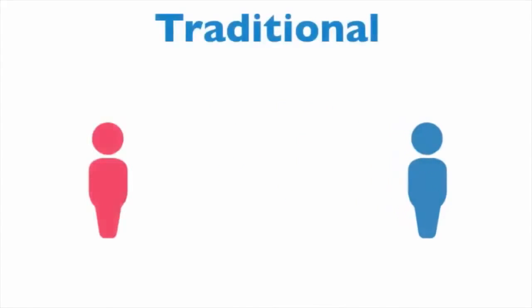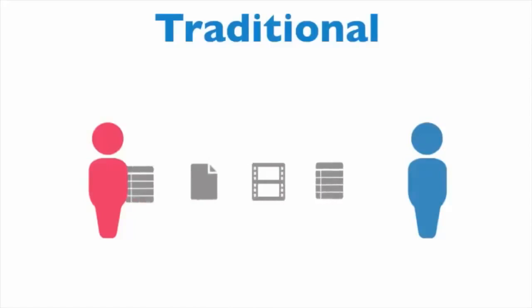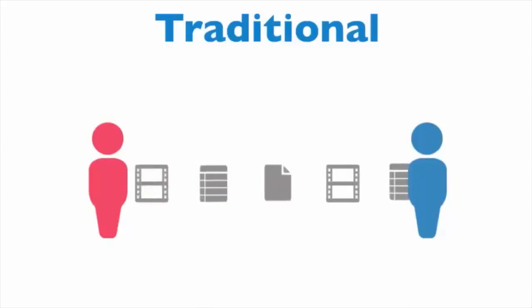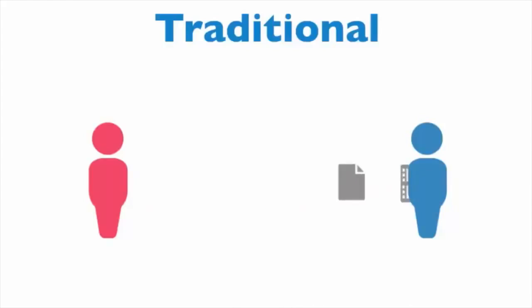So in a traditional model, what ends up happening is that students enter the course thinking that the teacher knows everything and that they're going to deliver content to the student. This could be in the form of lectures, readings, videos, etc. Then the student consumes this knowledge by listening to the lectures, reading the books, watching the videos, and this is usually if you're a good student.